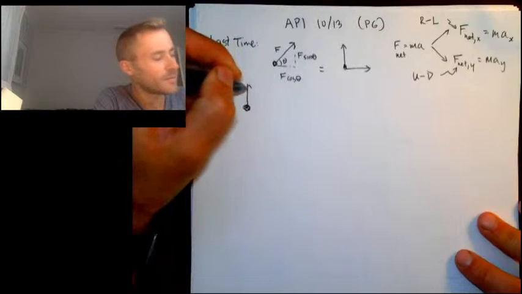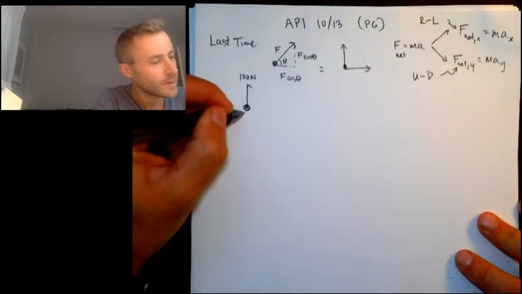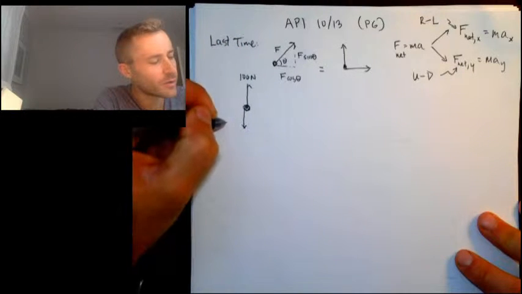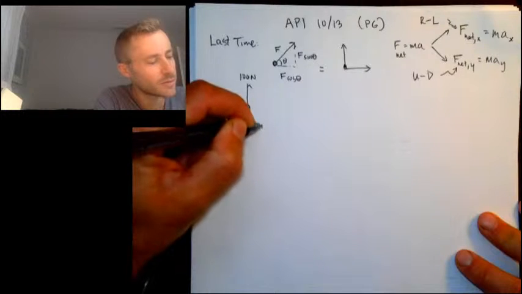So let's just do a little example just to make sure you understand it. What if I have an upward force of 100 newtons and a downward force of 50 newtons and a downward force of 30 newtons?